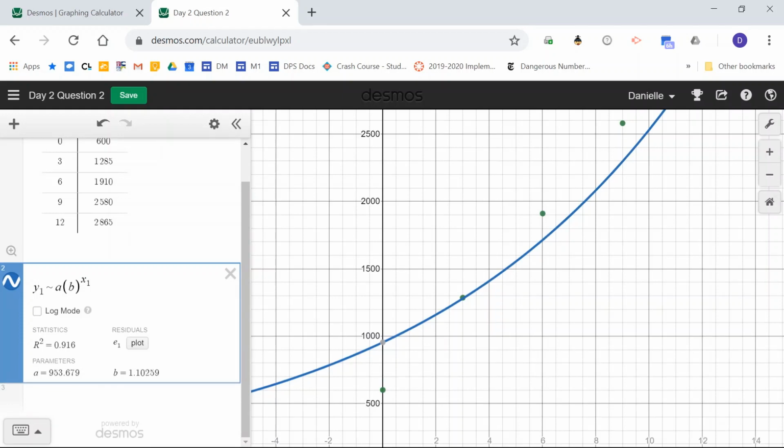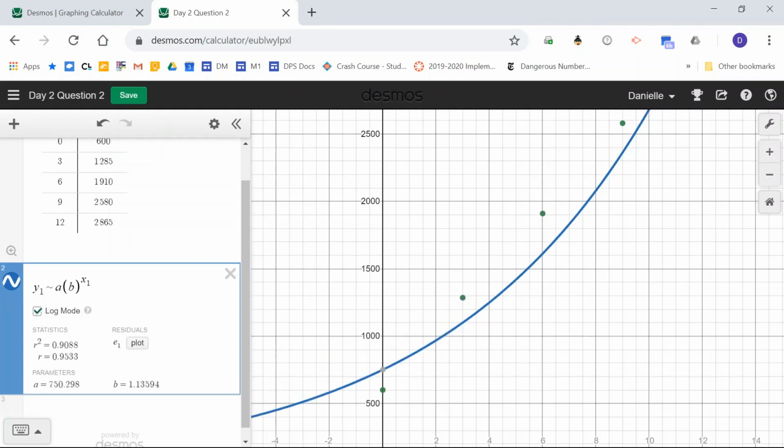They drew in our exponential regression model, and below we can see what those a and b values are. Now the issue with Desmos is they're actually using a different calculation than our graphing calculator would. So the way that we make this match up with our graphing calculator is we check this box that says log mode. You have to check the box to make sure that our final answer is correct.